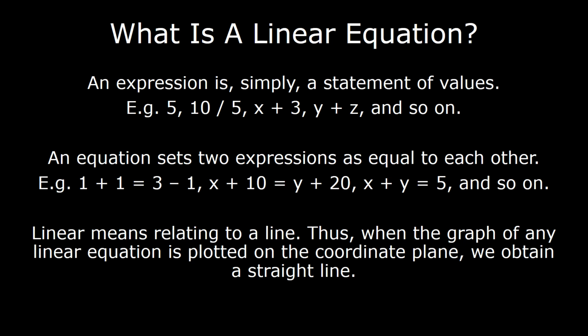Let me give you a bunch of random examples. 1 plus 1 equals 3 minus 1. X plus 10 equals y plus 20. X plus y equals 5. All of these are valid forms of equations.